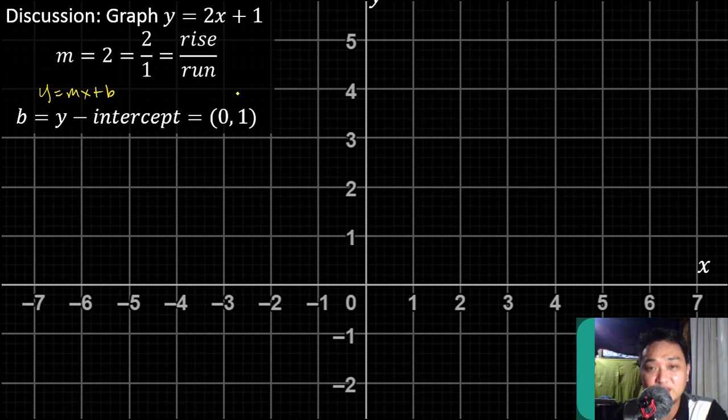And the ordered pair for our y-intercept is (0, 1). So, that is all we need. The y-intercept has coordinate (0, 1), and the slope is converted to 2 over 1. From the slope itself, we know how many ups and how many rights there are. Now we are ready to graph.